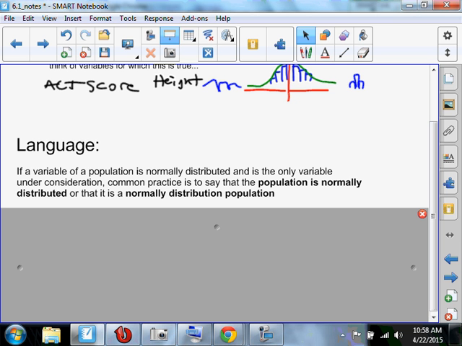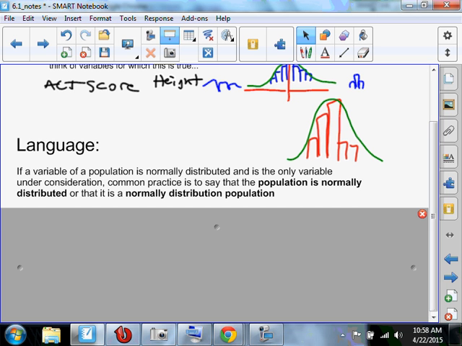If something's close to being that, they say a normal distribution approximates it. So if you have a frequency distribution that looks something like this, they would say that's approximately normally distributed, even though a normal curve doesn't approximate it the best.